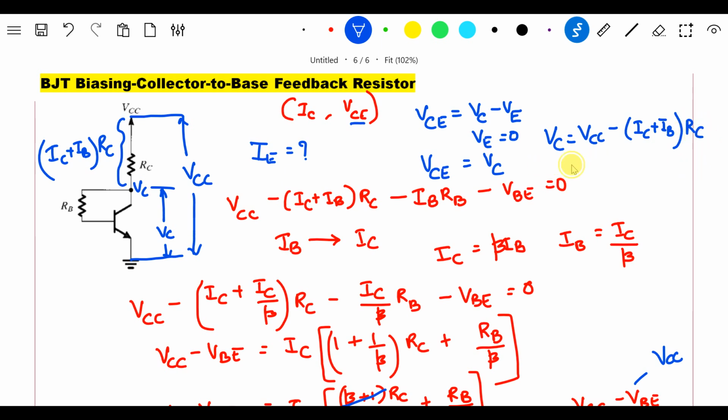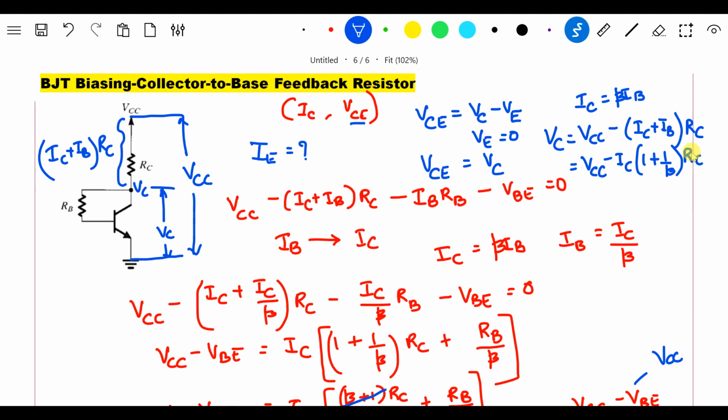We can also write this as VCC minus IC into, we know that IC equals beta times IB. If I substitute that here and take IC common, it is 1 plus 1 over beta into RC.